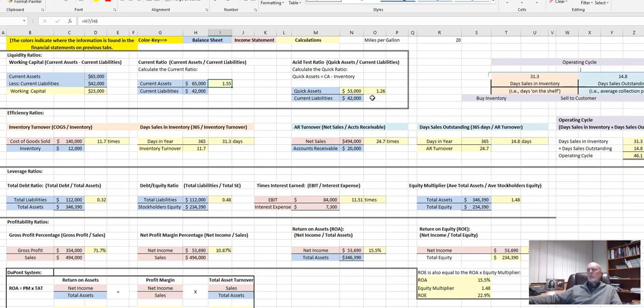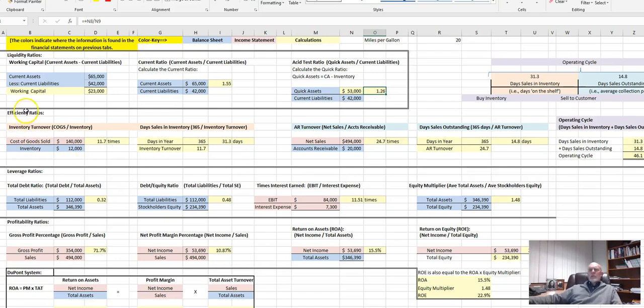So for example, if you were looking at 1 as being the upper end for the quick ratio, and here we have a 1.26, that could mean that maybe we have a little bit too much tied up in quick assets, and we may want to find a better use for that.